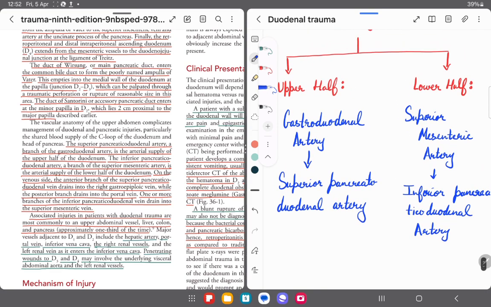So upper half is supplied by superior pancreatico-duodenal artery, which is a branch of gastroduodenal artery, and lower half is supplied by inferior pancreatico-duodenal artery, which is the branch of superior mesenteric artery.